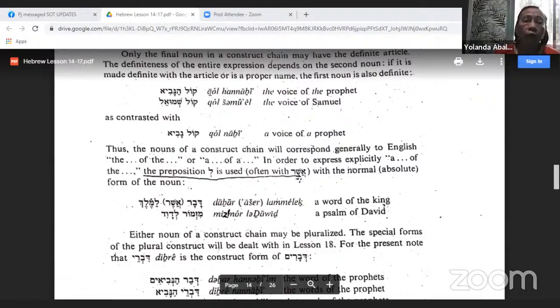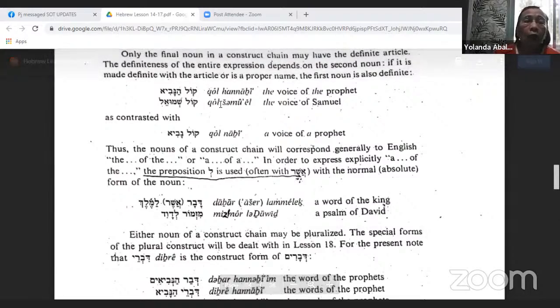Magiging the voice of. Ang kol dito, magkikarry siya ng article ha. The voice of Samuel. Ito naman, Kol Nabi, a voice. Wala siyang article ha. A voice, Nabi, of a prophet.